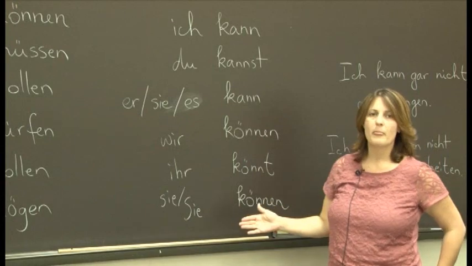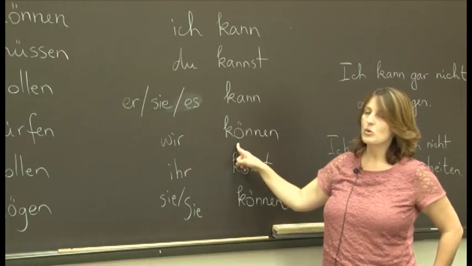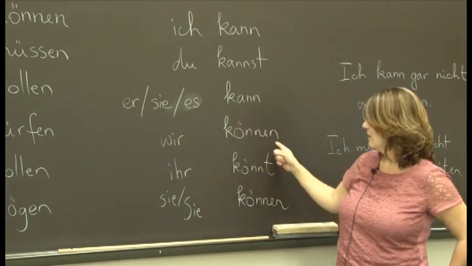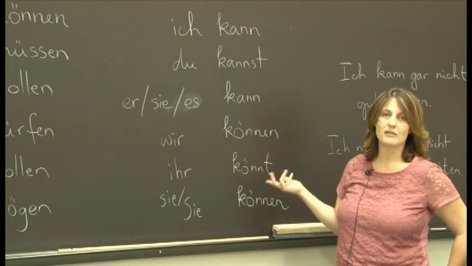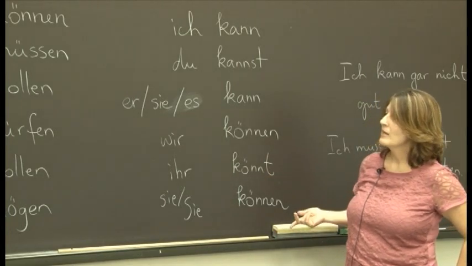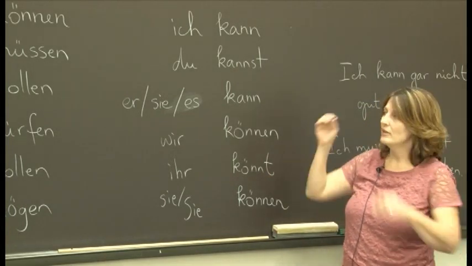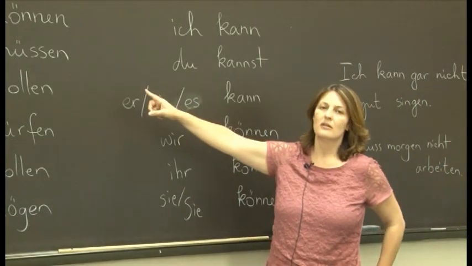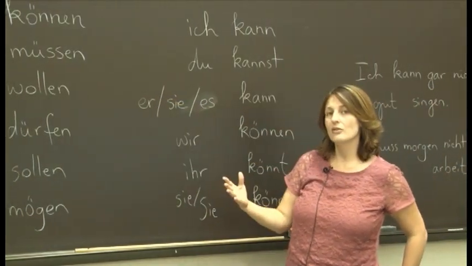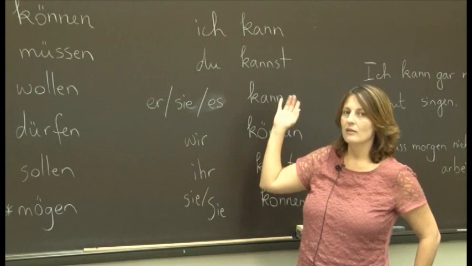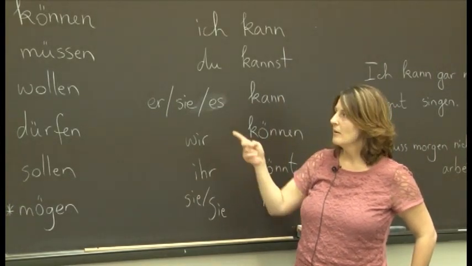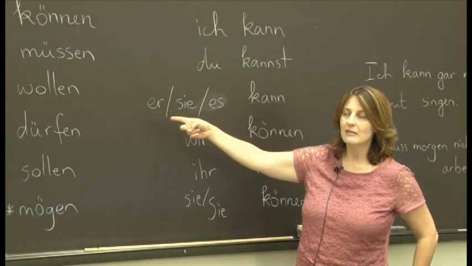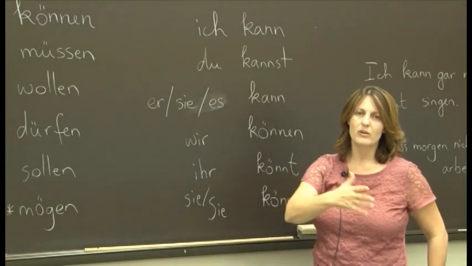But then in the plural, it's regular again. We have no vowel change, and the endings we would expect, the EN, TEN. And this is the same for all of these, yeah? Ich muss, no umlaut, so the vowel changes, and no E ending. Du musst, er muss. Ich will, du willst, er will. And these are going to be in your books, of course.